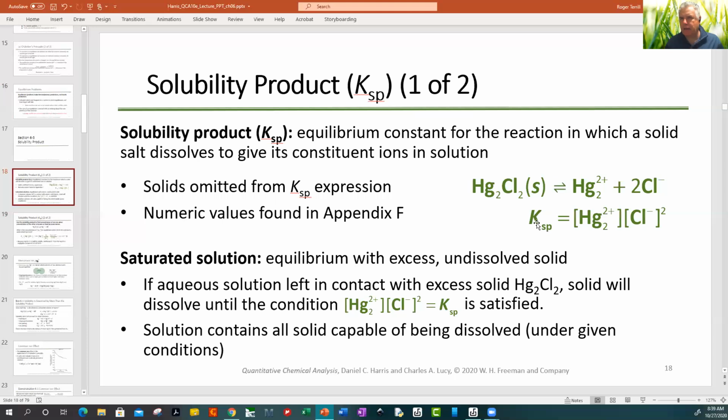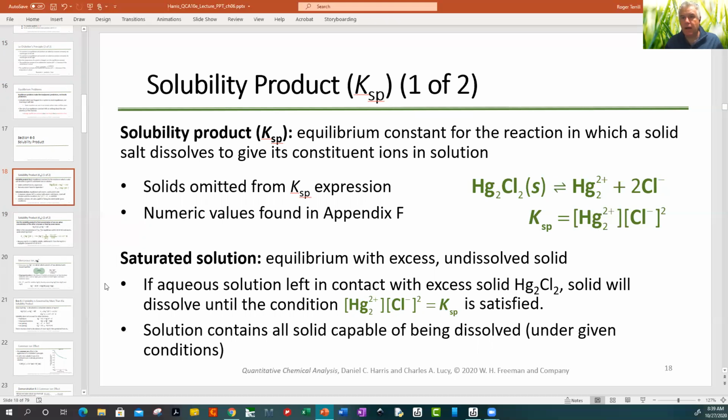And the KSP for that is equal to the product of Hg2 2+. Remember, this is a single chemical entity, right? Times the chloride ion quantity squared, right?